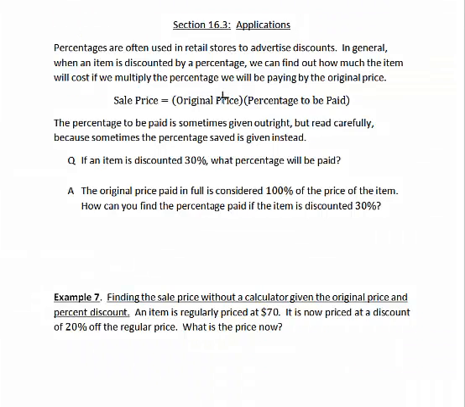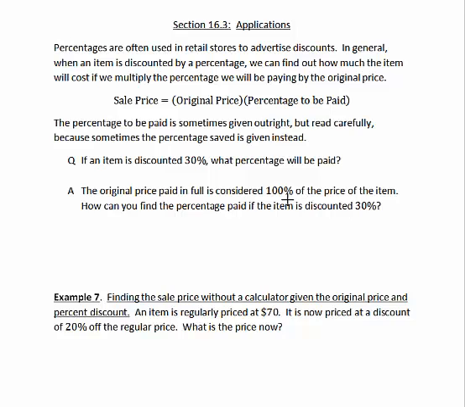Alright, applications. I mentioned earlier that percentages most commonly pop up when there's a sale at a store for a particular item. So if we look at our first question, it reads, an item is discounted at 30%. What percentage will be paid? Well, if we pay the full original price, then that is considered to be 100%.